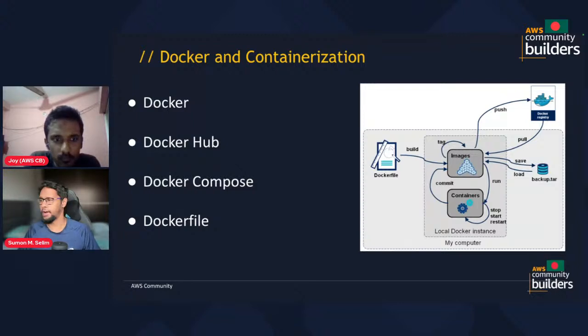So from the diagram, I can describe it this way: for example, I have developed a Java application, and now I want to containerize it and run it. So what I will need to do is create a Dockerfile. There I will define the dependencies I need to run the application. For example, I'll need an operating system, and on top of that operating system I'll need to install JDK or Java runtime environment.